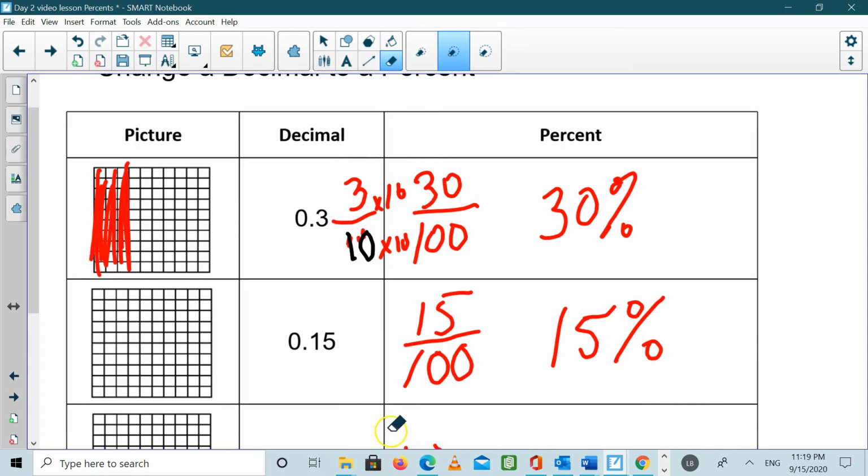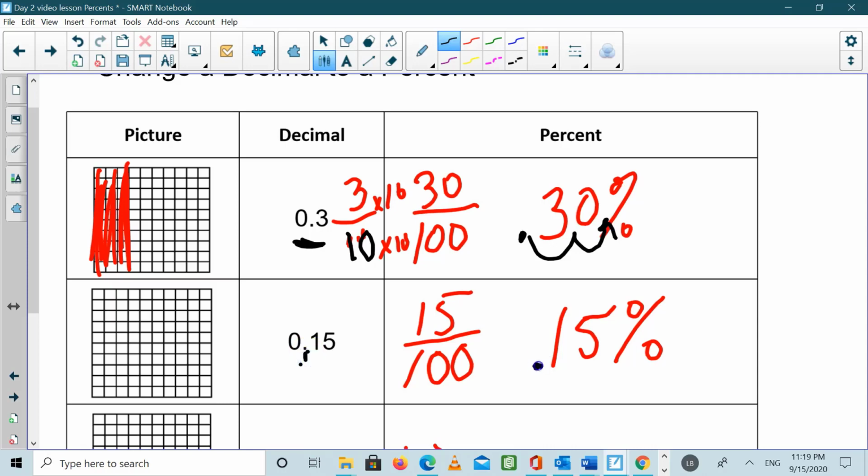So take a look again and see if the decimal point trick works, except now we were given the decimal and we wanted to go to the percent. Notice when it was in decimal form, the decimal point was right here. Where did it end up? Over here. Now we went to the right. Now look at the 15%.